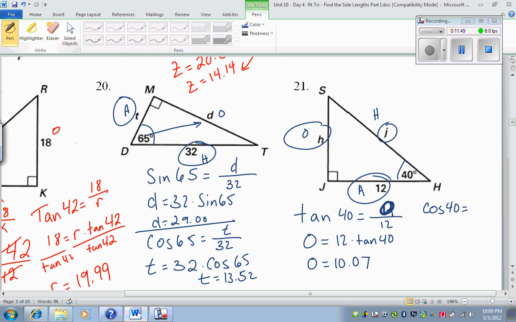Try that again. Cosine is adjacent, which is 12, over the hypotenuse, which is J. Makes it a little bit harder. Cross multiply. I get 12 equals J cosine 40. Divide both sides by cosine 40. And I get J equal to 12 divided by cosine 40 equals 15.66.